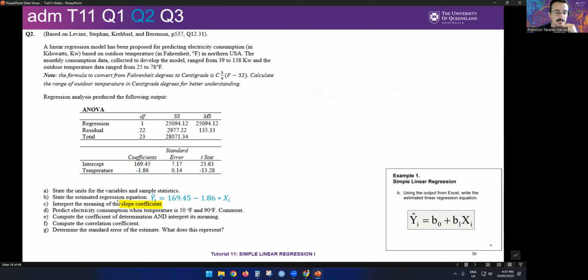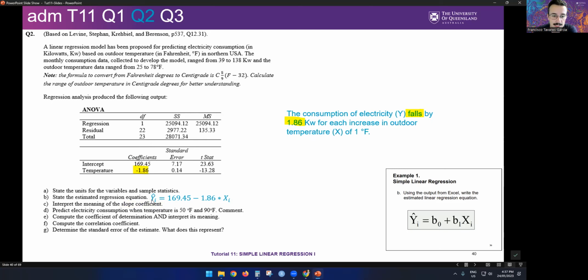Regression equation, interpret the meaning of the slope coefficient. Slope coefficient is our minus 1.86. As you can see, it's a negative relationship. So look at that. The consumption of electricity Y falls by 1.86 kilowatts for each increase in outdoor temperature of 1 Fahrenheit.